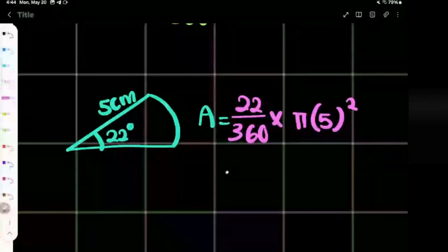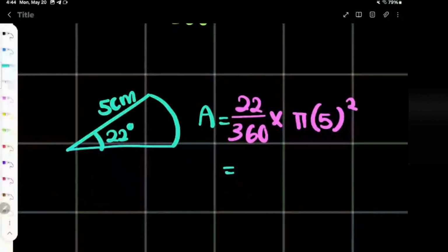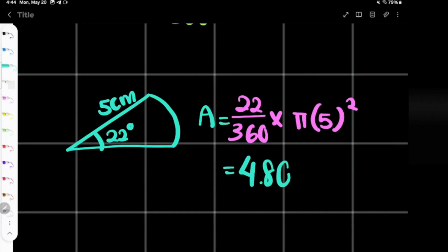So use a calculator. 22 divided by 360 times 3.142 times 5 square. It will be 4.8 or 4.80 lah. No need lah. So 4.8 centimeter square. Don't forget the square because it is an area.